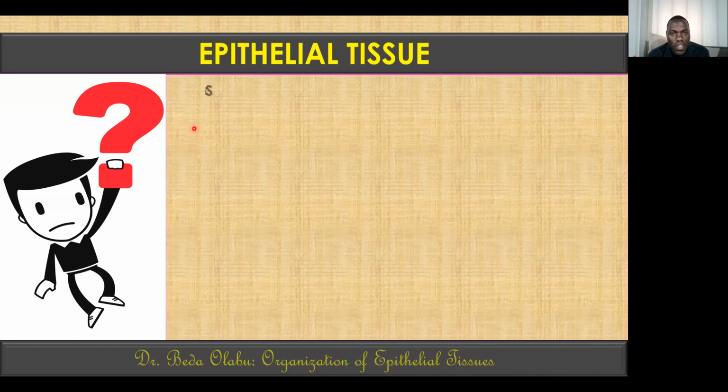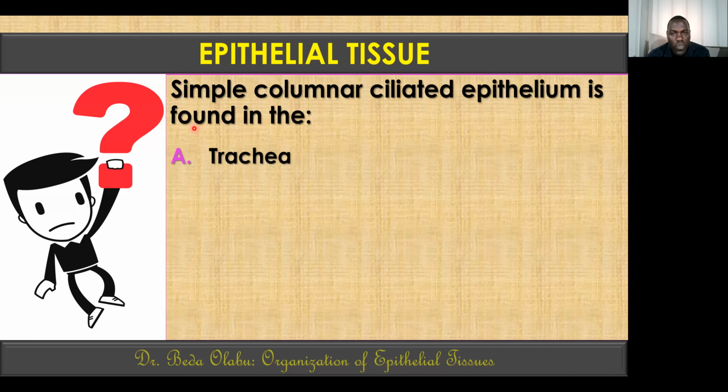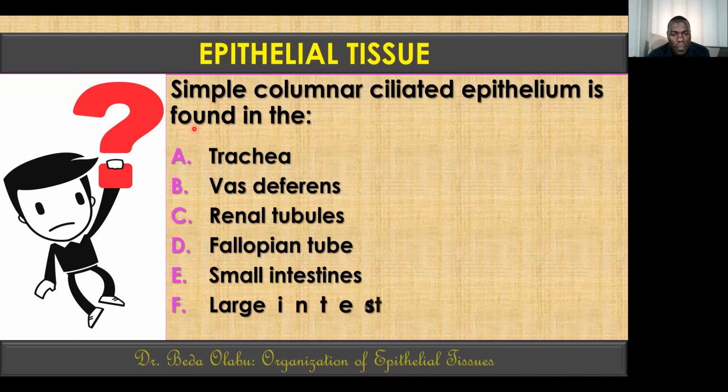So the first question asked you where we find the simple columnar ciliated epithelium. Now, these are how we ask you the questions. Majority of you have gotten it right, but as you can see, there are still few of you who have failed.